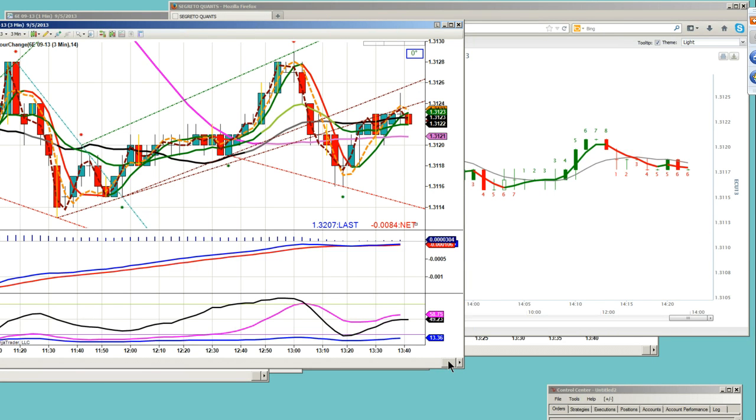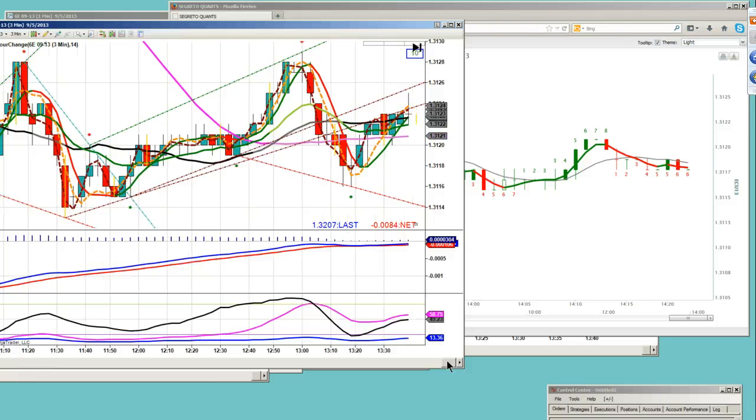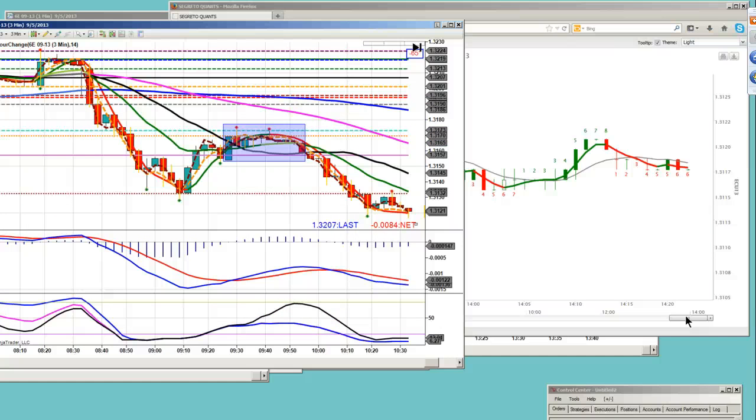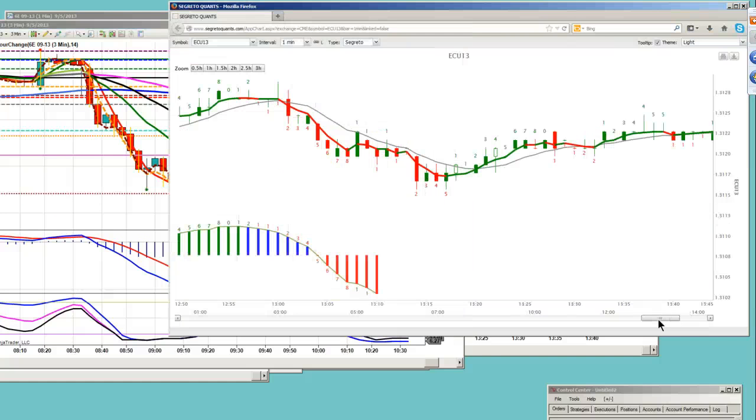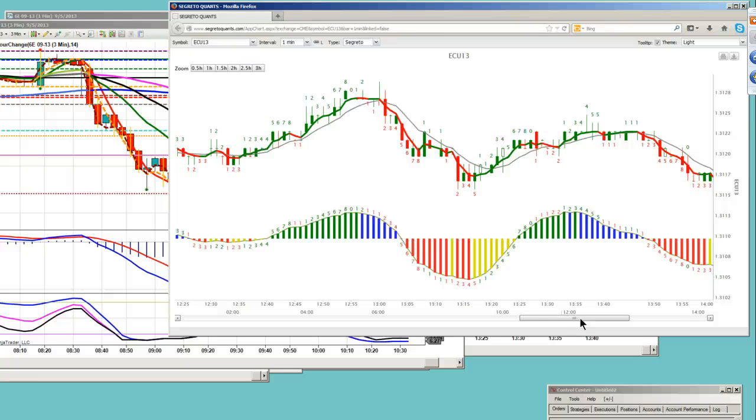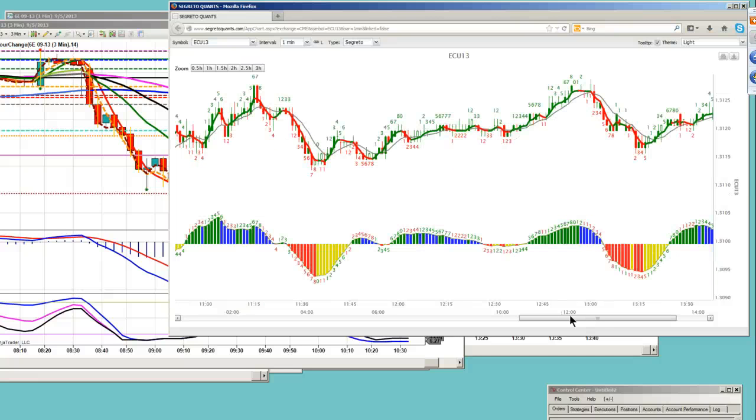Because it's the afternoon session, let's go to this move here at 10 o'clock so you can see something more significant as it would be plotted.